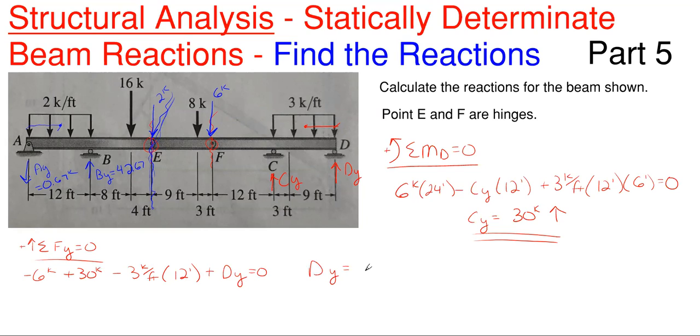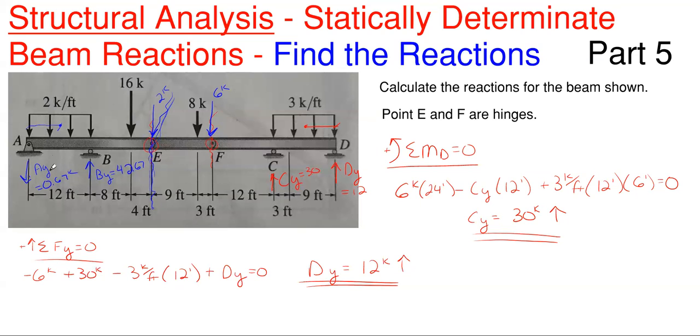D sub Y is the only unknown there, and it pops out to be a positive 12 kips, which means the upward direction is the correct one. So C sub Y is 30, and D sub Y is 12 in the upward direction.